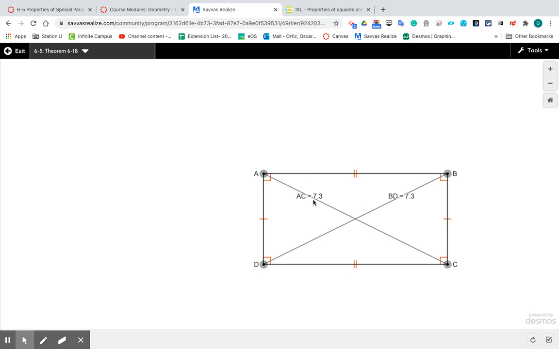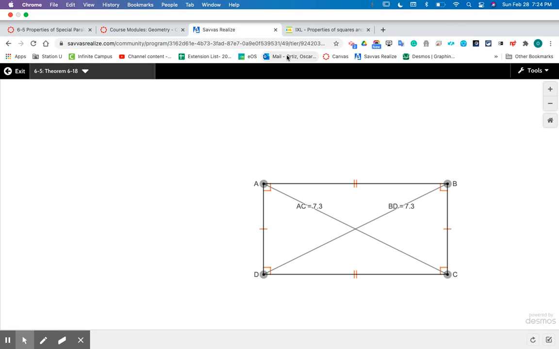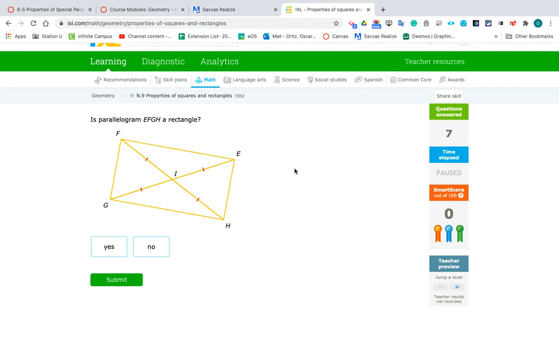So what makes it a rectangle is that diagonals are congruent, but those diagonals do not bisect the opposite angles as they do in the rhombus. So again, the combination of properties of a rectangle together with properties of a rhombus is what determines if it is a square or not. So we'll do some problems here on IXL.